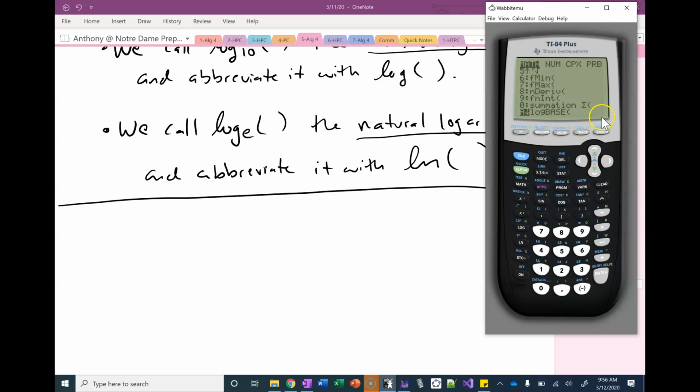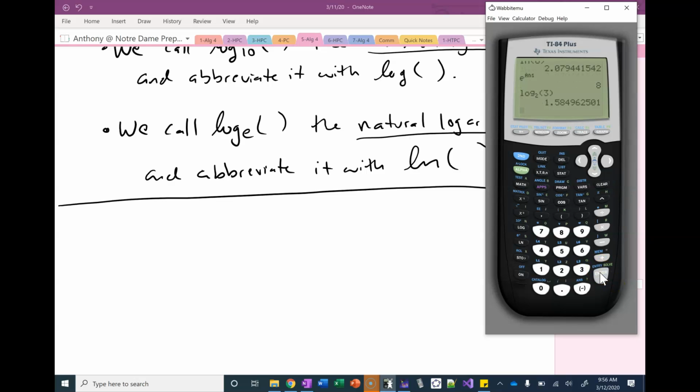Okay. So I'm going to press that logBASE button. What this allows me to do is type in a specific value for the base and type in a number for the argument. So if I wanted to do log base 2 of 3, it would look like this, and then I can just press enter.